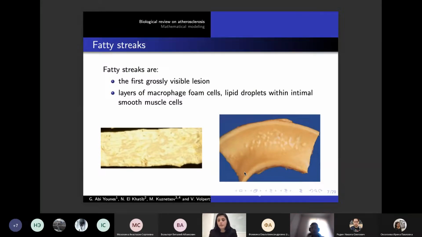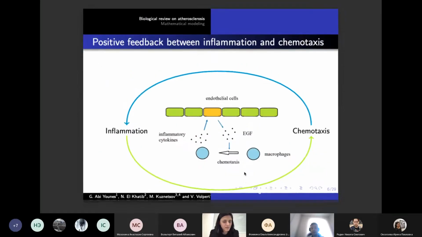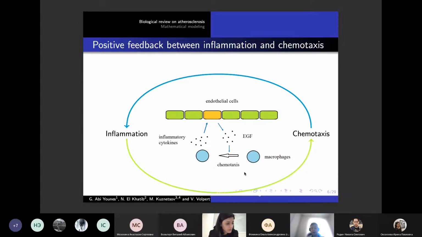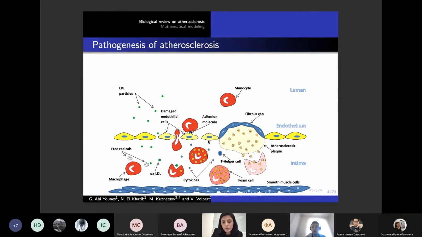Gada, could I ask a question? Do you understand that this scheme was a principal scheme, and in fact, macrophages come from the lumen, so EGF works in the blood flow to recruit macrophages? Yes. No, EGF works here within the intima. Is it? But macrophages are recruited from blood flow.